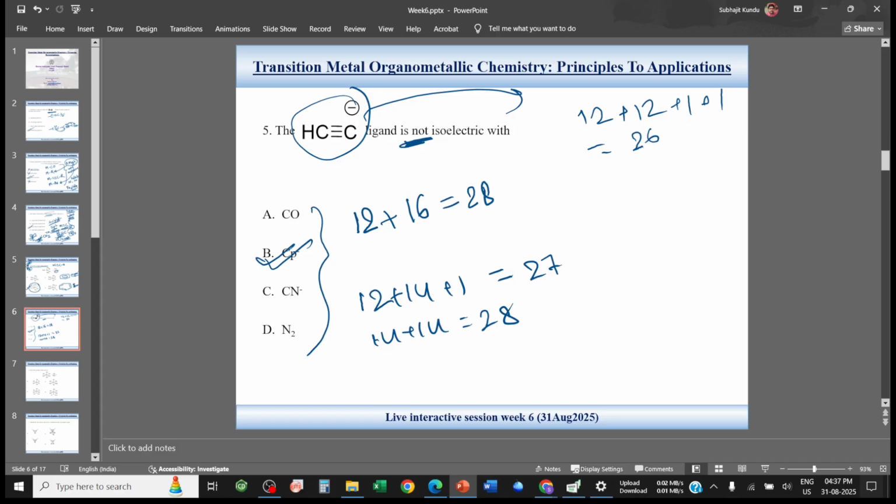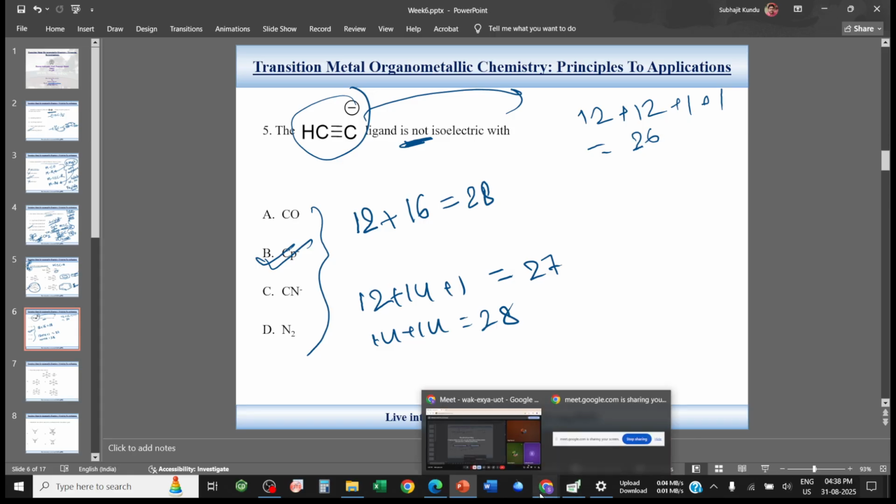In our first problem, there are 10 valence electrons: 4 from each carbon, 1 from hydrogen, and 1 from the anion.